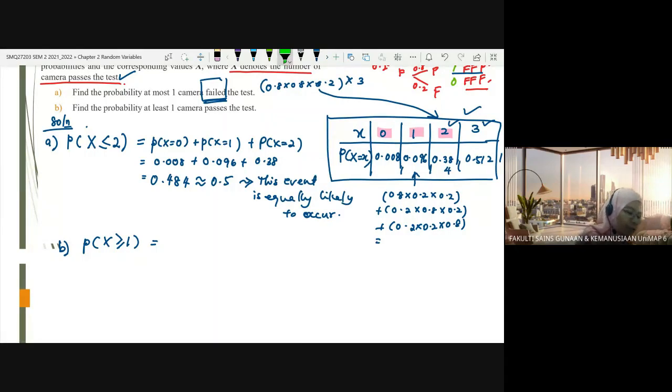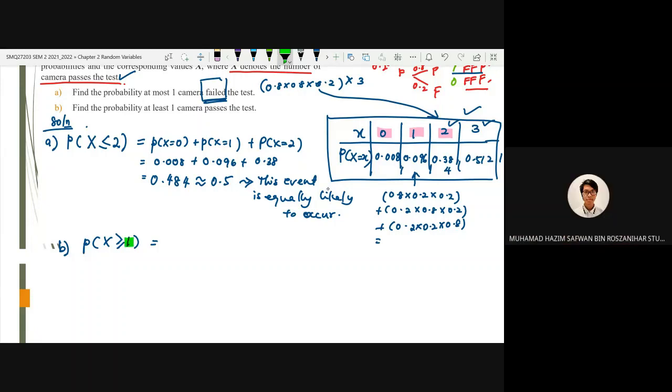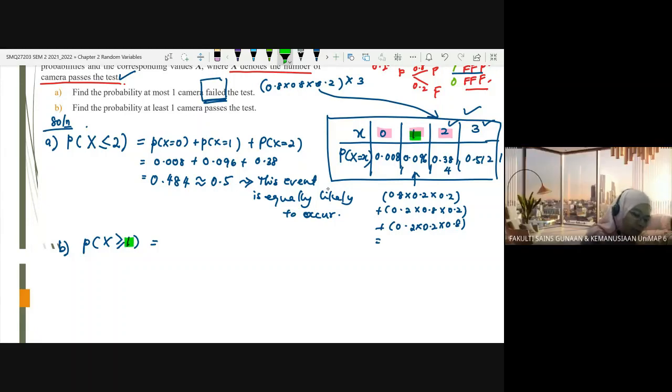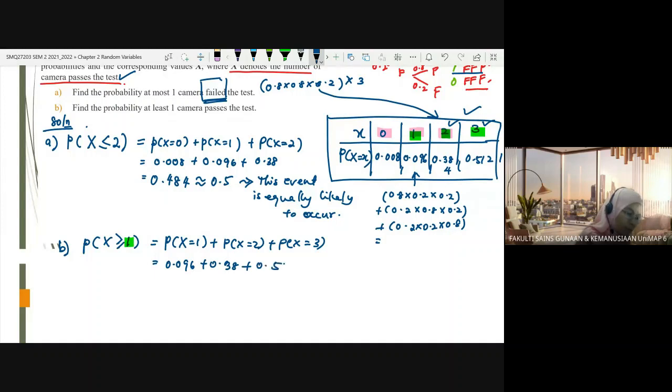Is 1 included? Yes, 1 is included. So 1 and greater, so 2 and 3. So in this case, P(X = 1) plus P(X = 2) plus P(X = 3). Take the probability values: 0.096 plus 0.384 plus 0.512. So what is the value here?